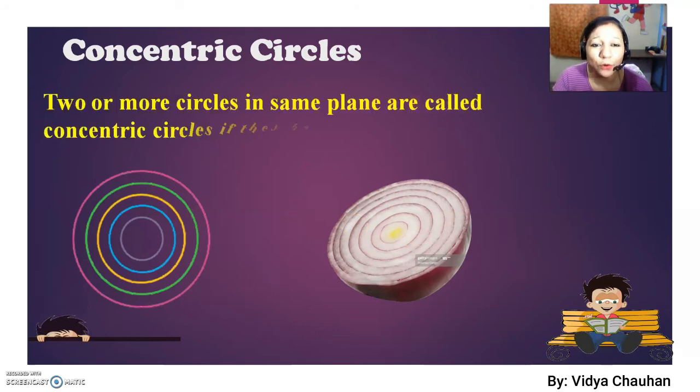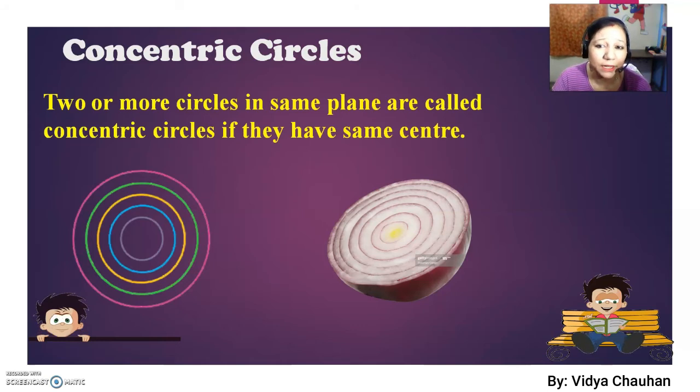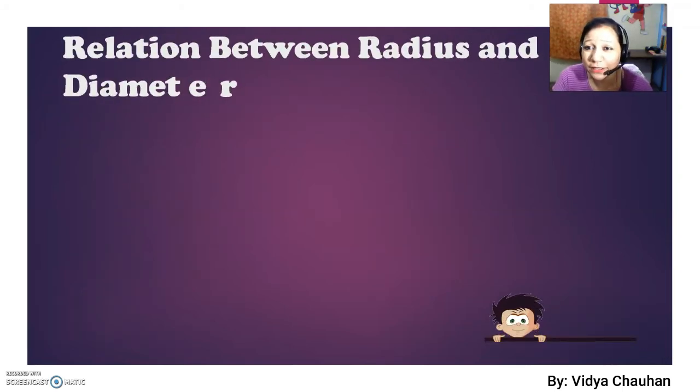Two or more circles in the same plane are called concentric circles if they have the same center. If all the circles have a common center, then they are called concentric circles. Clear, students? You can find many more things which are the best examples of concentric circles.